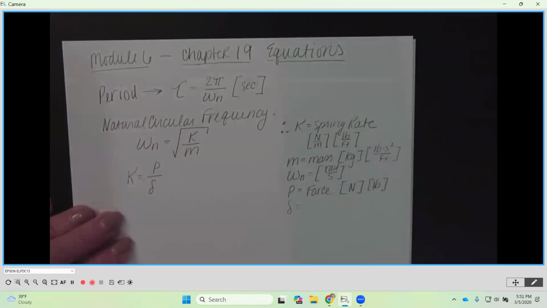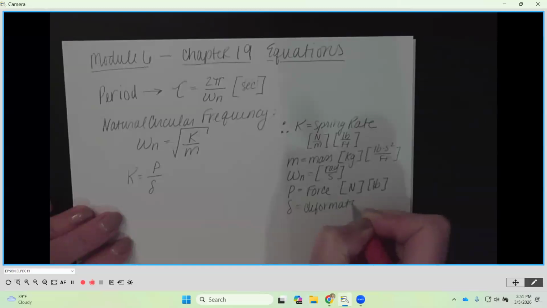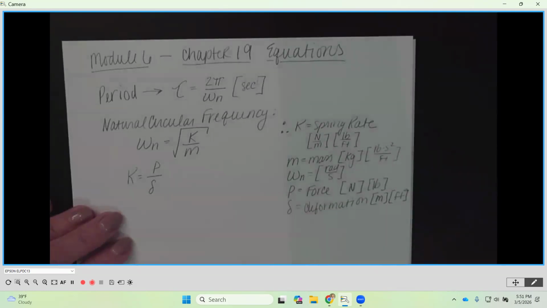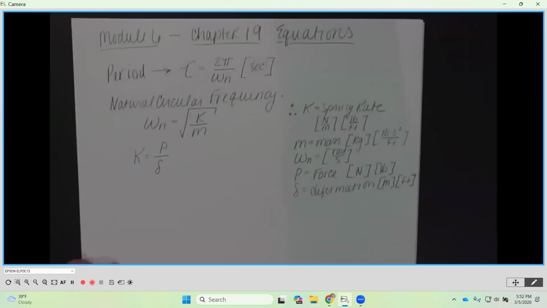And deformation is a distance, so that's going to be in meters or feet. If it's given to us in millimeters or inches, we just have to be sure that we get it in the correct units to put into our equations here, okay?